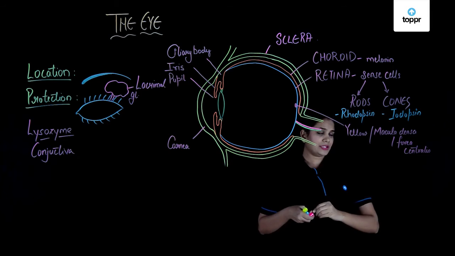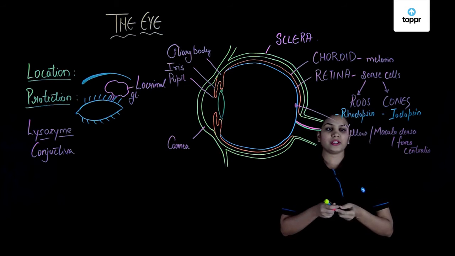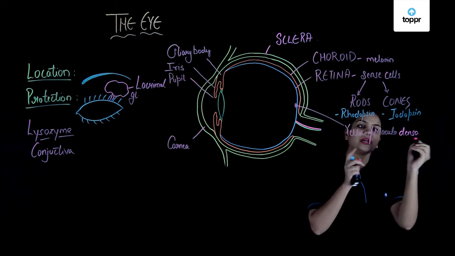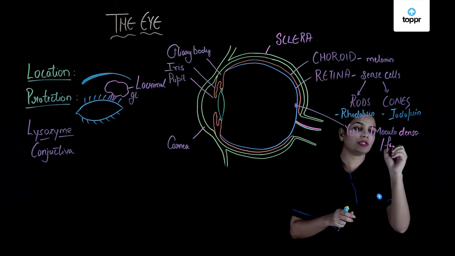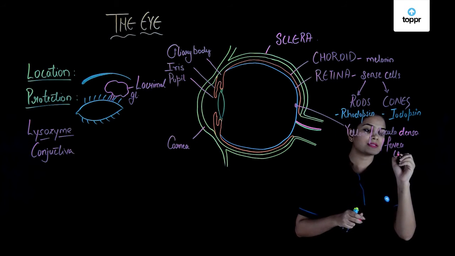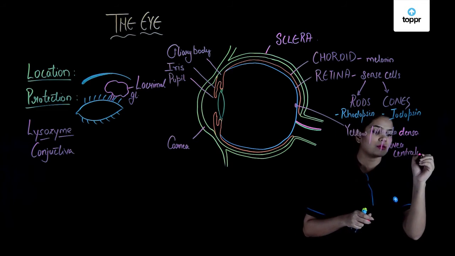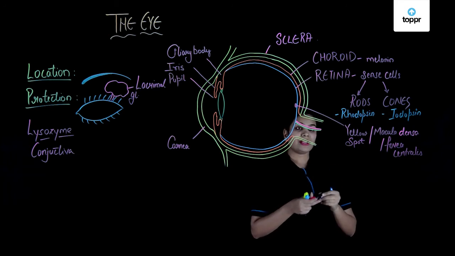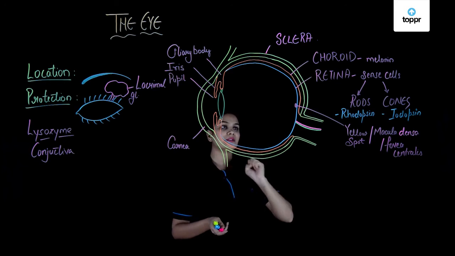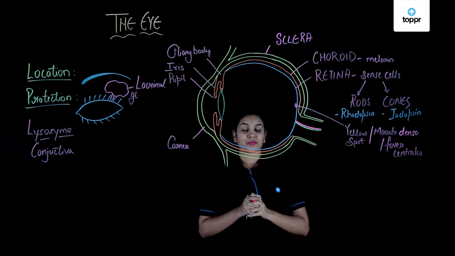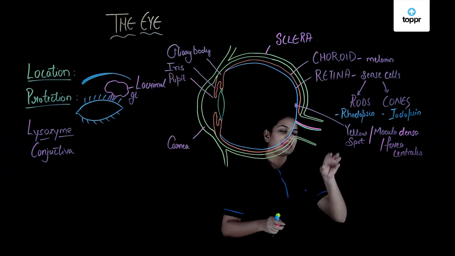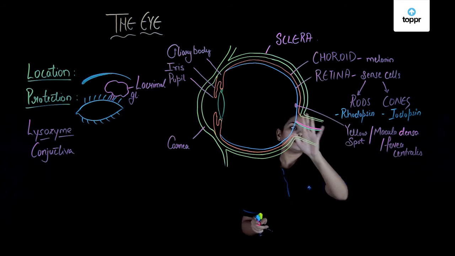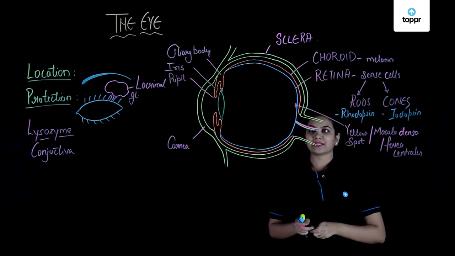We can give it three names: the yellow spot, the macula densa, and the other name is fovea centralis. Why do we call it the yellow spot? Well, at this point we can find the brightest image, because this point has the maximum density of cone cells, and hence we call it the yellow spot or the macula densa.